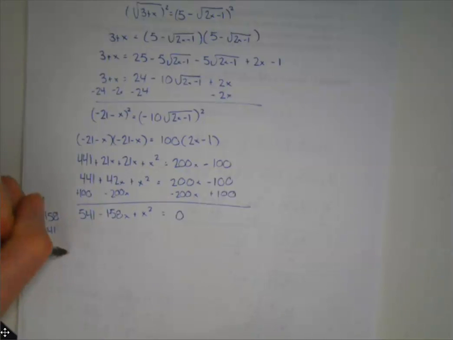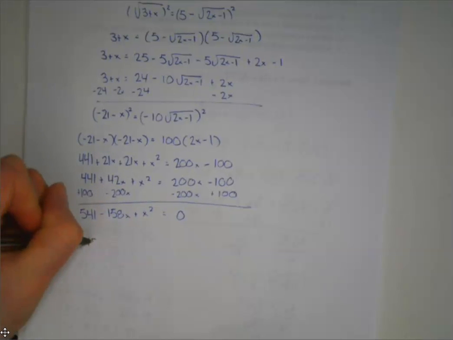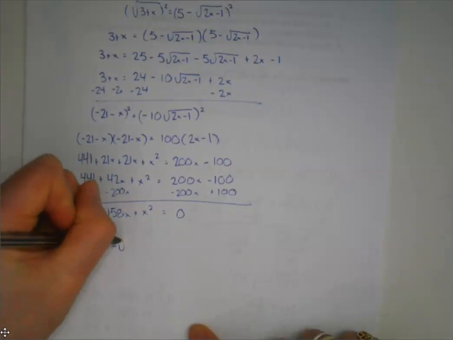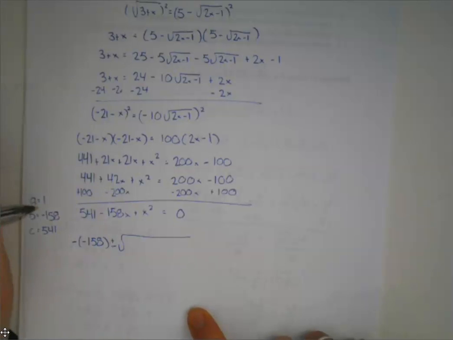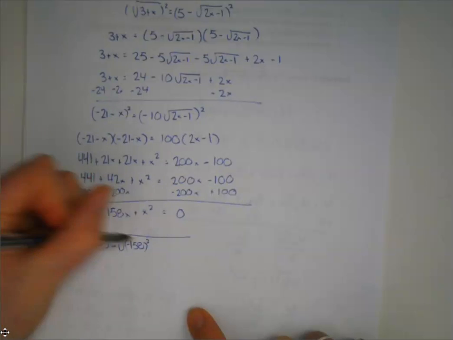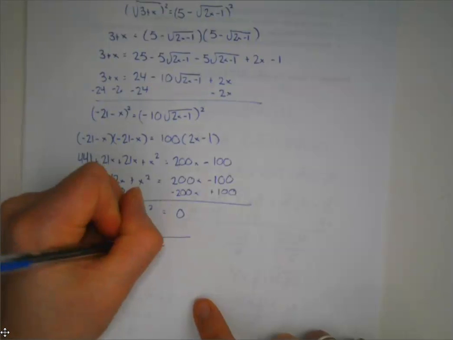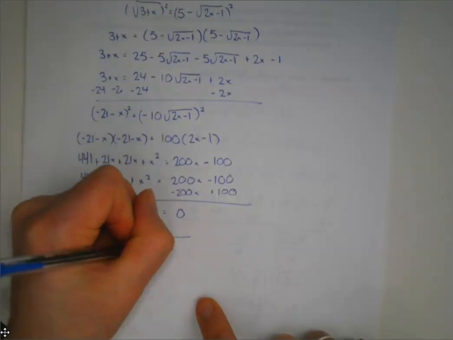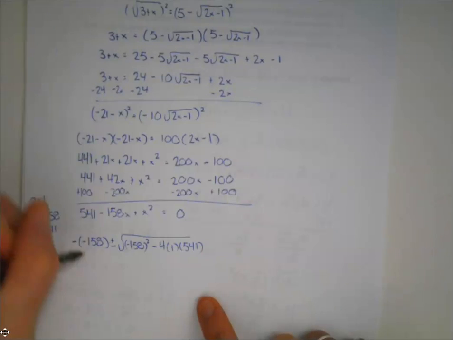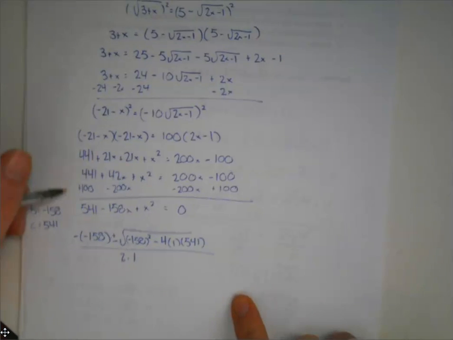So we have negative b, so negative 158, so that's basically positive 158, plus or minus the square root of b squared, so negative 158 squared, minus 4 times a, which is 1, times c, which is 541, and then divide it all by 2 times a, which is 1.